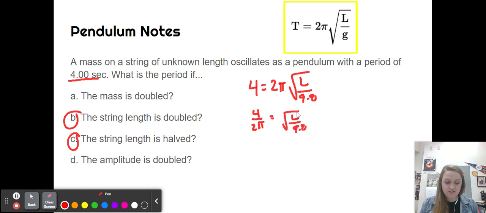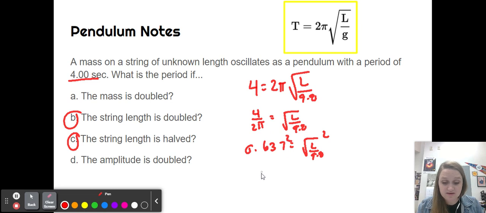I'm just going to do each step as I go. 4 divided by 2 pi, if I can type it into my calculator correctly. This gives me 0.637, equals square root of L over 9.8. Now to undo that, I have to square each side.